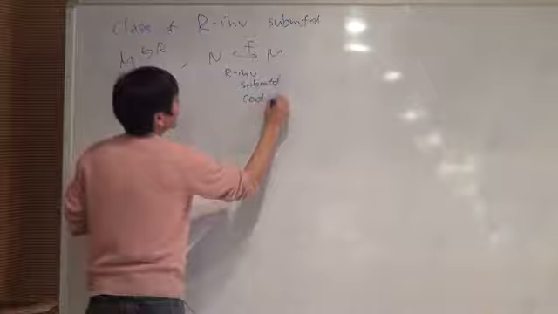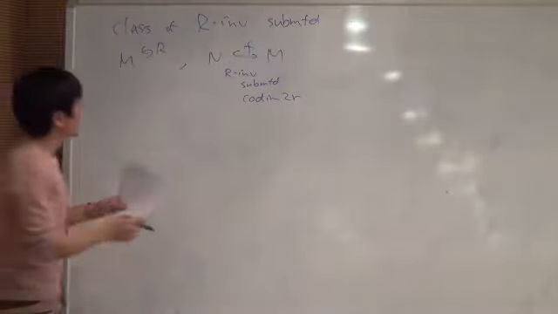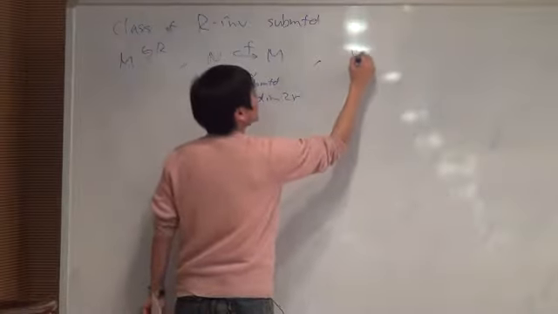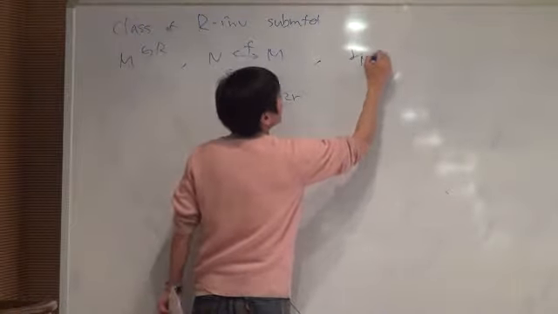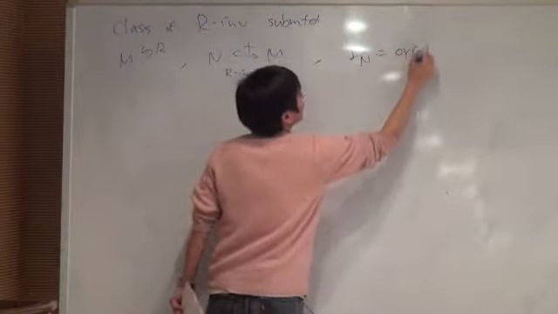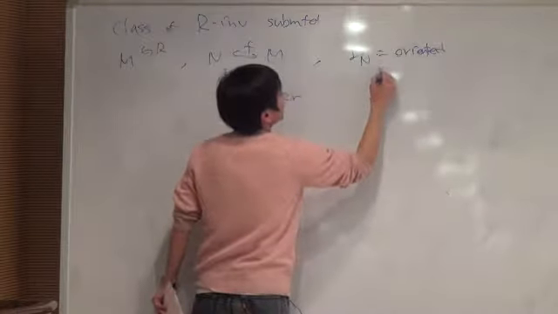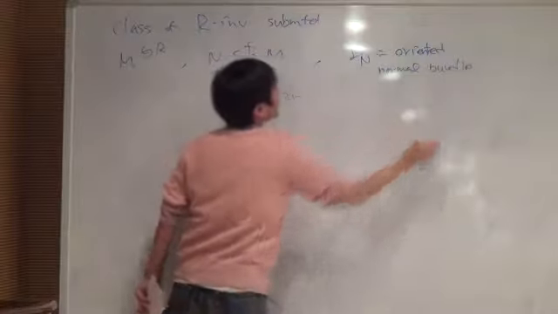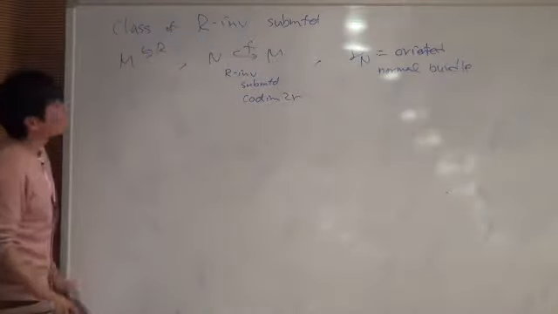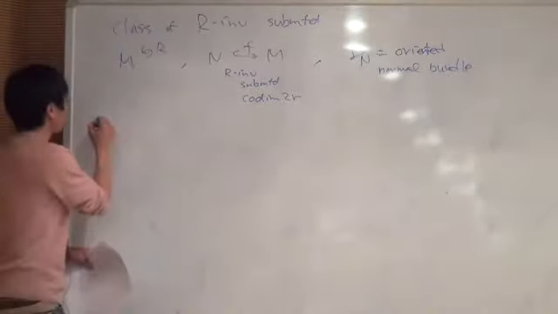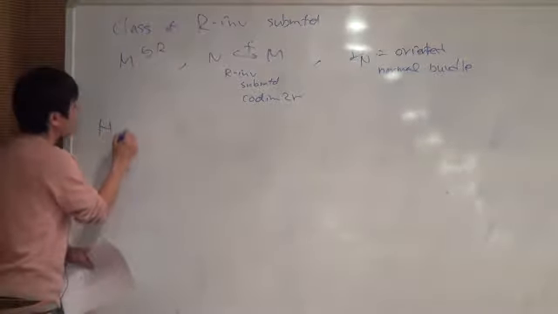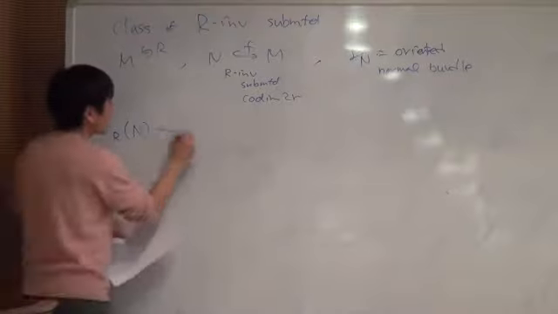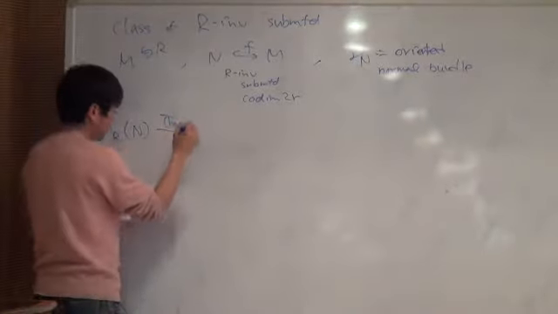So let's take codimension 2R. Yeah? And I think this method works when you orient the normal bundle. Yeah, because I use a Thom isomorphism. Yeah. So in this setup, what you start with is this R equivariant cohomology of N, right? And then there is this Thom isomorphism.